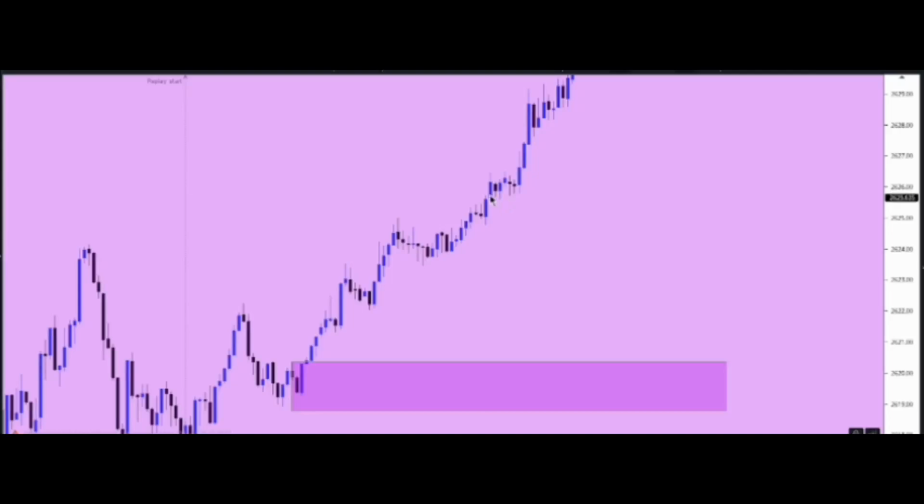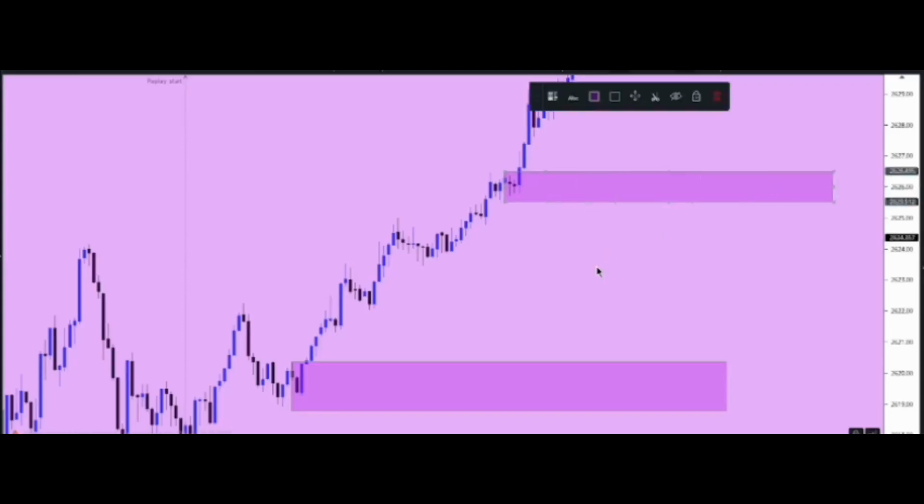Everything is mitigated. About this, is it mitigated? No. We have another unmitigated zone here, guys. Let your stop loss just be below. That's another zone. In between, we are trying to refine.